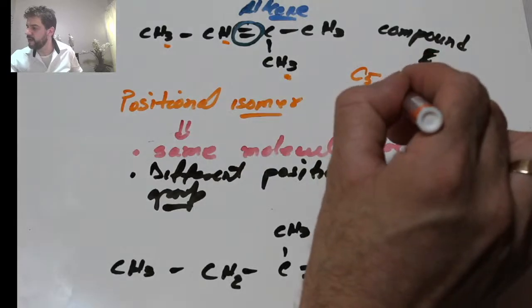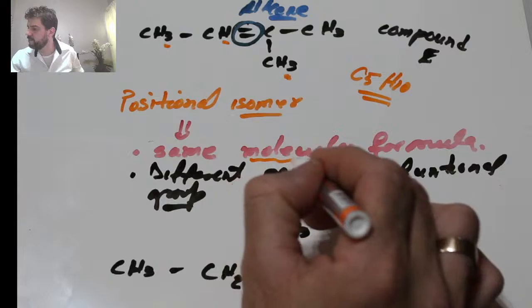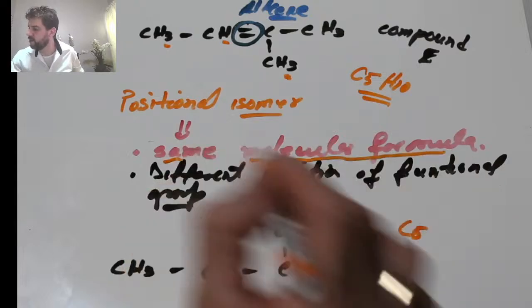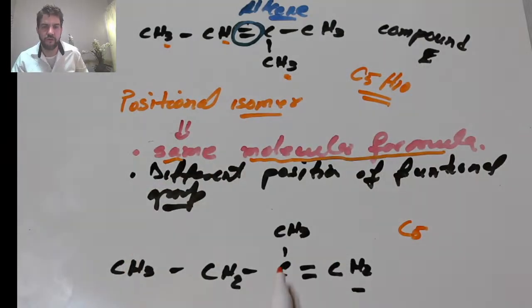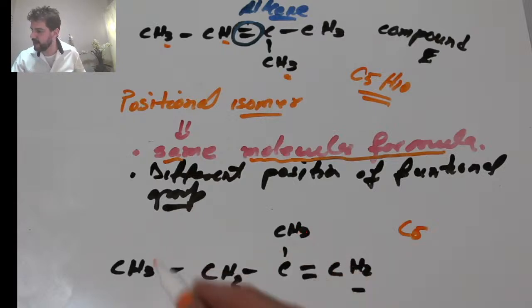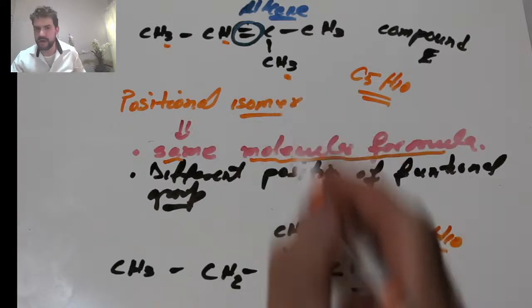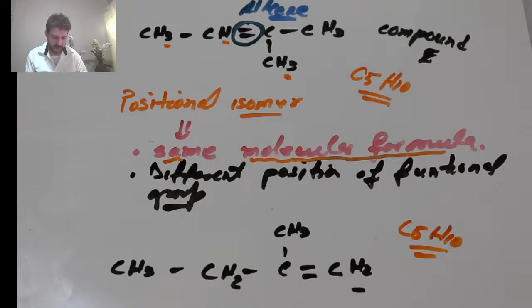So we have H10. This is the molecular formula, which must be the same as for the first compound. For its positional isomer, if we come here and count, we have 2 hydrogen plus 3 is 5, 6, 7, 8, 9, and 10. H10. These 2 compounds are what we call positional isomers.